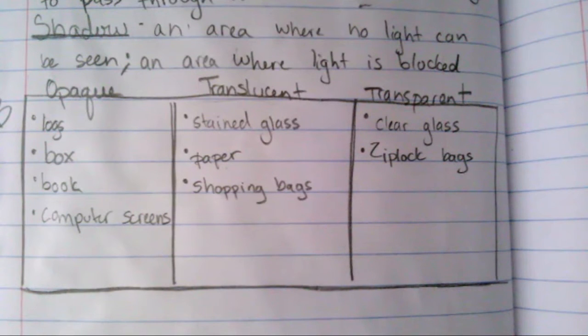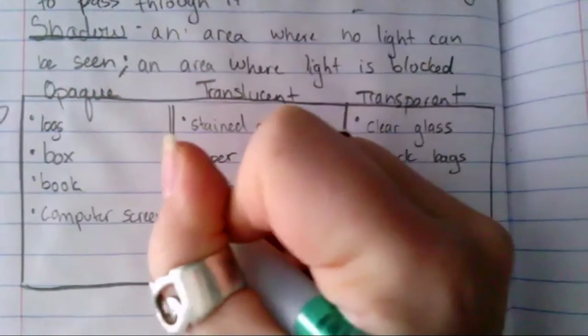What about some transparent things? Think back to our classroom. What are some transparent things? Grace? I had one for translucent. Okay, what was your one for translucent? Like a balloon, a blown up balloon. Yeah, okay.